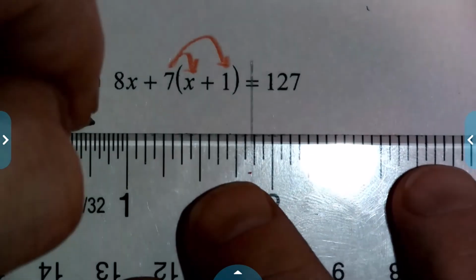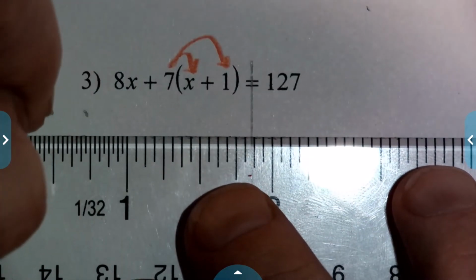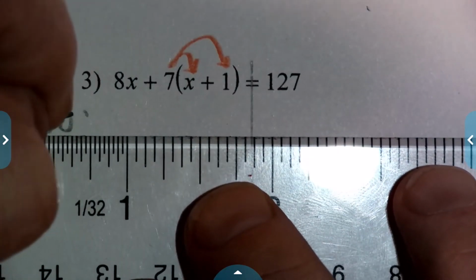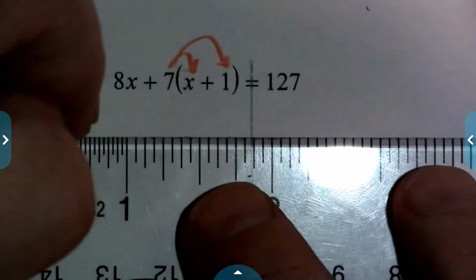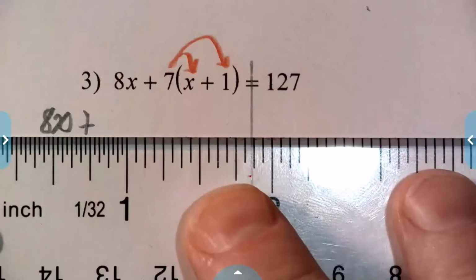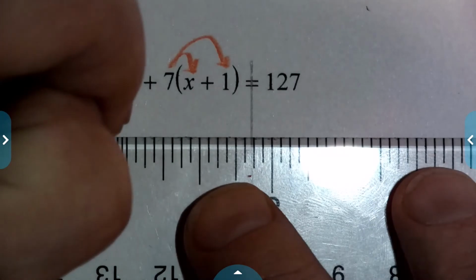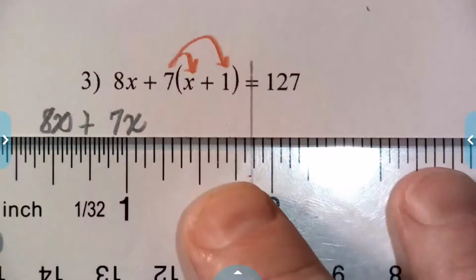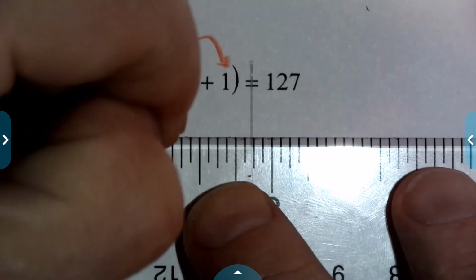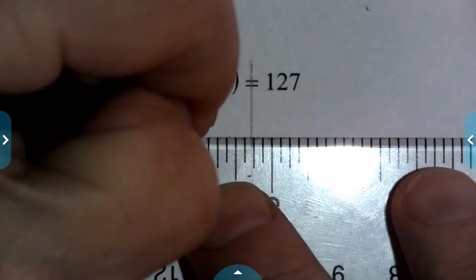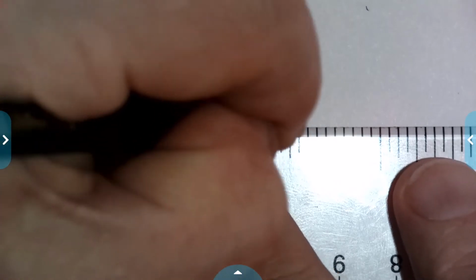And so we're going to have 8x plus 7 times x, which is 7x, plus 7 times 1, which is 7, equals 127.